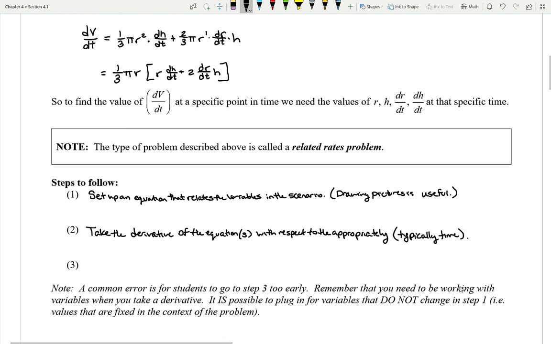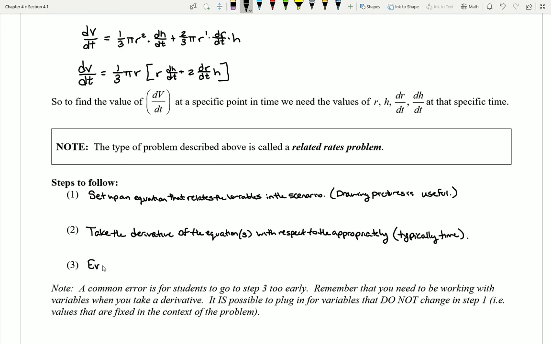Okay. And then the last thing that I would do, as I can see here, is that if I have a formula for what, again, dv dt is going to be equal to, then if I could just find all of the specific values to plug in, that is, I could find a value for r, find a value for h, find a value for dr dt and dh dt, I could plug in those values into my derivative and compute the value that I was actually shooting for.